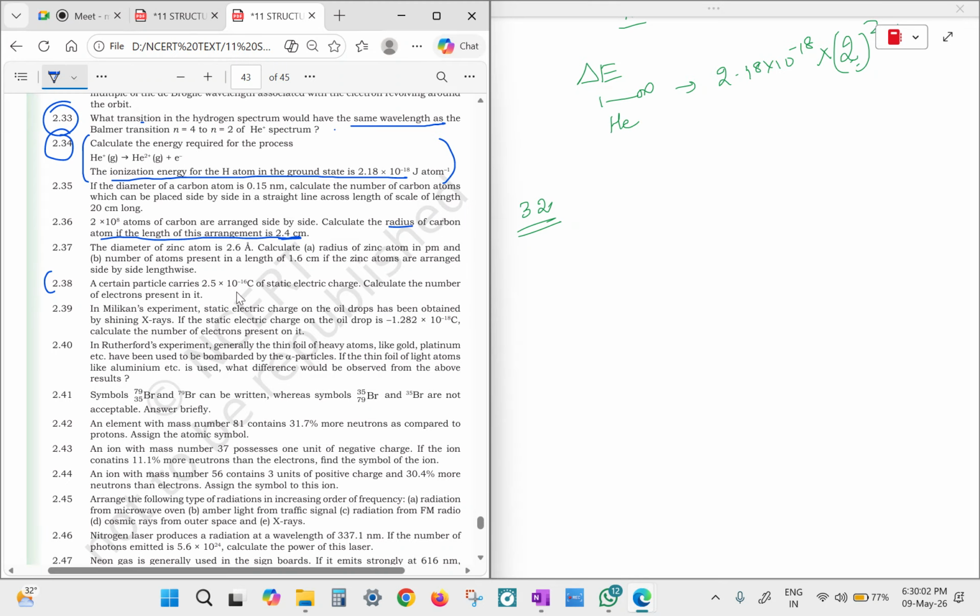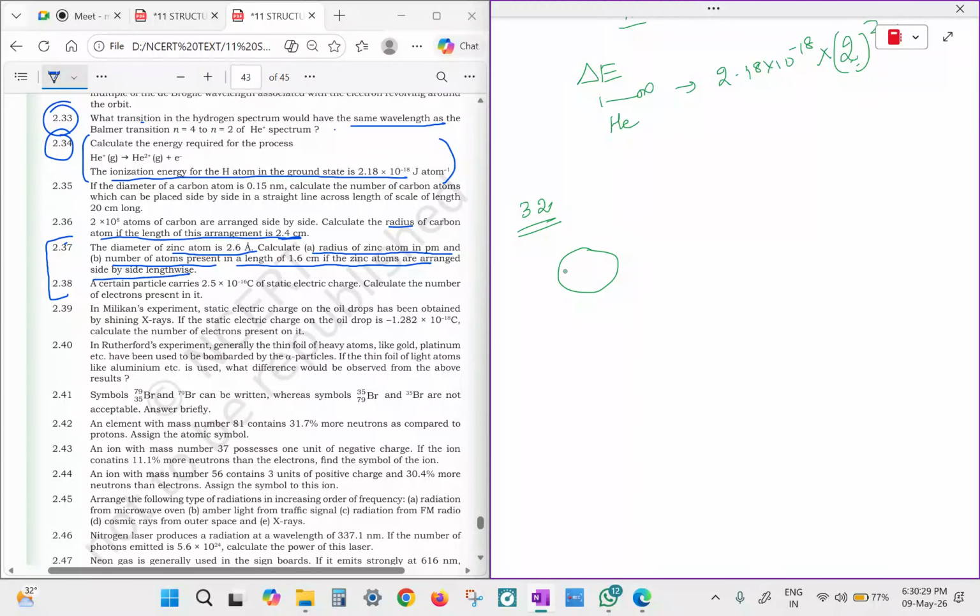Look at the questions. Do you need any guidance in these questions? Look at these two. Any guidance required? The diameter of a zinc atom is given. Calculate the radius of the zinc atom in picometers and the number of atoms present in a length of 1.6 centimeter if the zinc atoms are arranged side by side. Any problem in that?